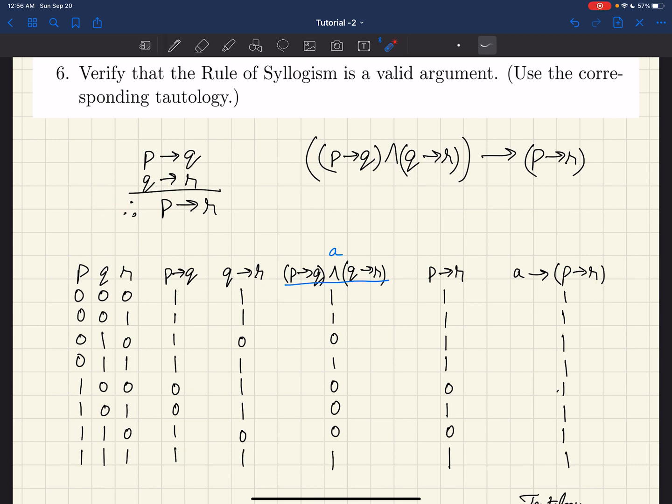We can verify this by saying that these were the places where the premise was true, and we can see that whenever your premise was true, the output P implies R was true as well.